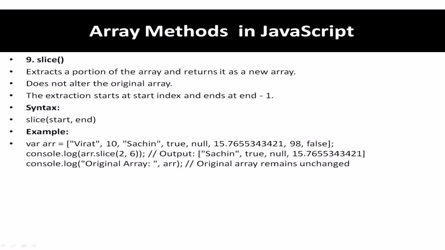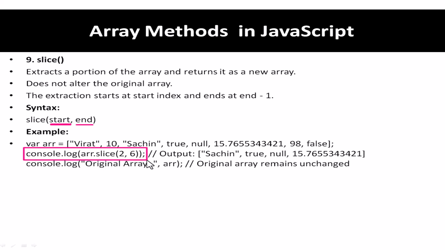So next is slice. Slice is going to extract a portion of the array. It doesn't alter the original array. It starts at the start index and ends at the end index minus 1. Whatever index you want to start from, you can specify. For example, the syntax is start and end. Here I have already defined the array.